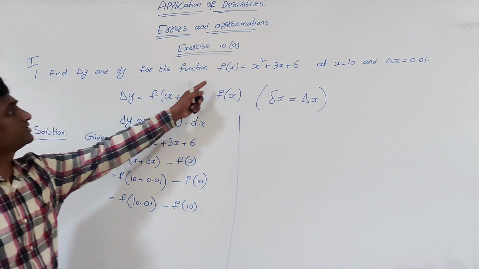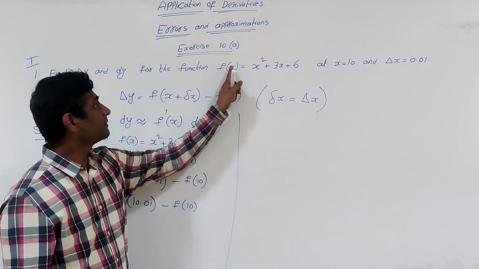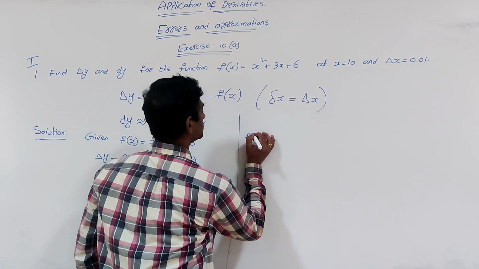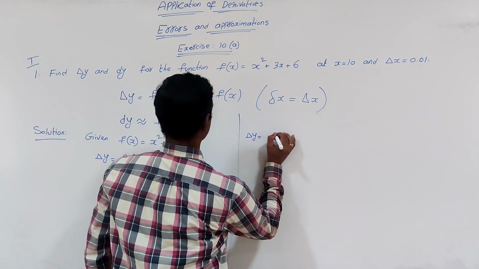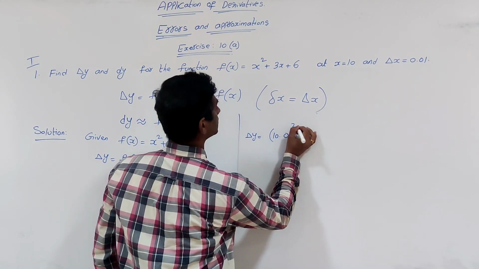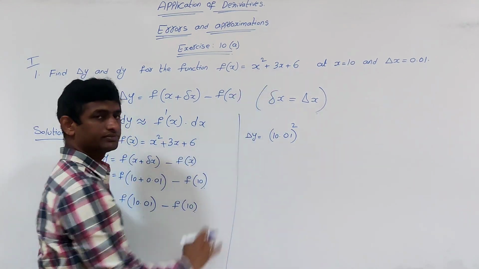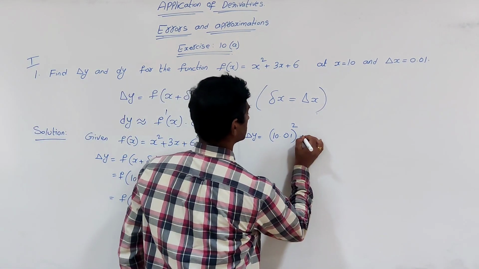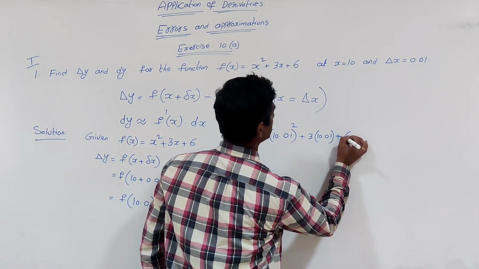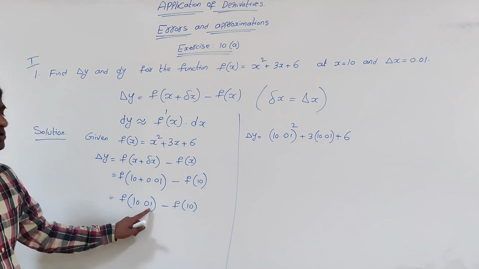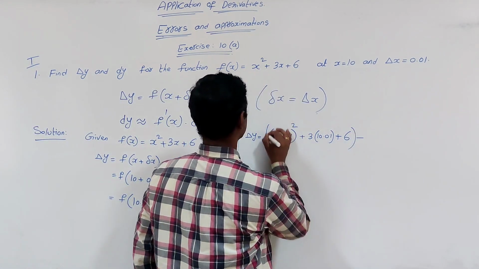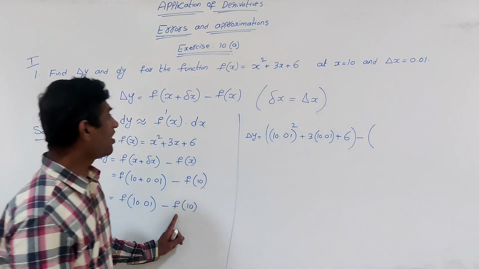But as f of x is x square plus 3x plus 6, in the place of x it is now 10.01. So delta y is equal to 10.01 whole square plus 3 times 10.01 plus 6, that is f of 10.01, minus f of 10.